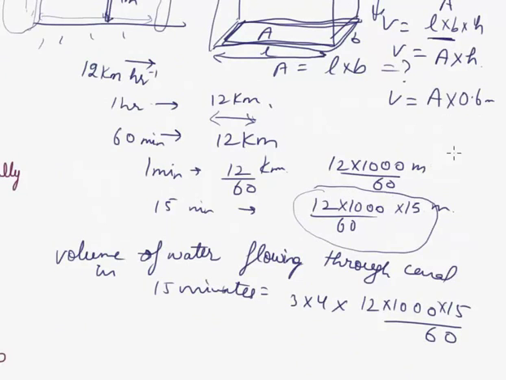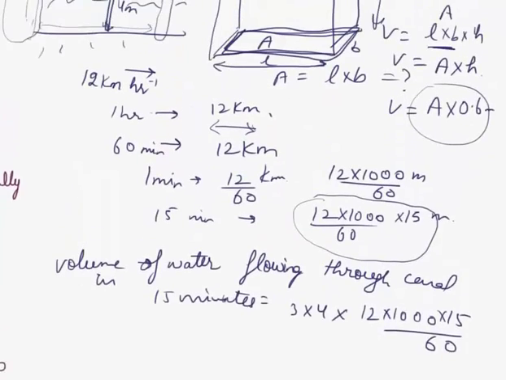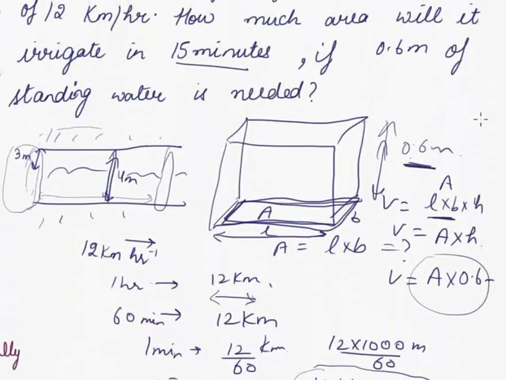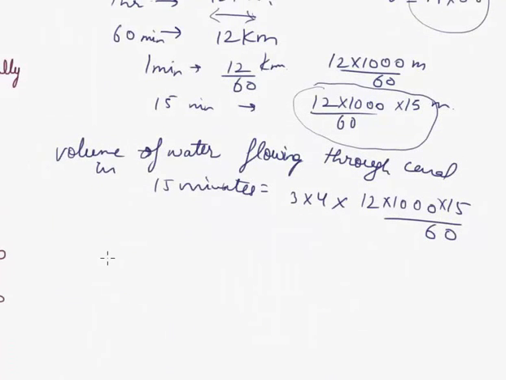All the dimensions are in meters, and this volume can be taken from this flow of water of 15 minutes, because we need to calculate the area which can be irrigated in 15 minutes.